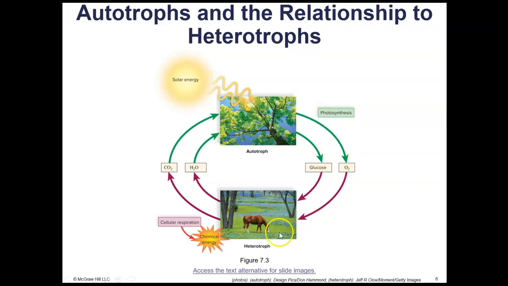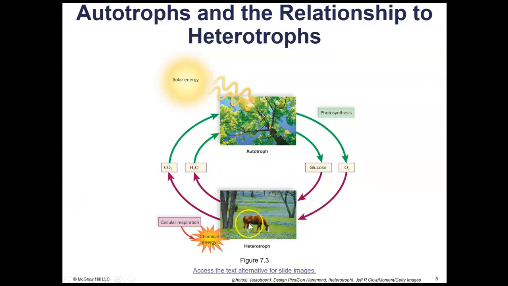But it is also used by the animals that graze on the plants and eat the plants. Cellular respiration will break down that glucose into energy. And then the product of cellular respiration is carbon dioxide and water. That horse is going to breathe out carbon dioxide into the atmosphere along with all the other heterotrophs on the earth. And the water will just become a part of the horse.